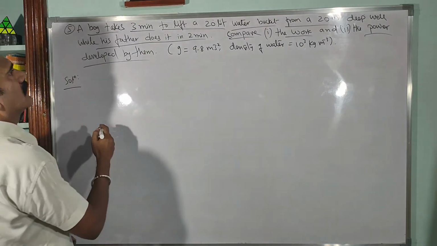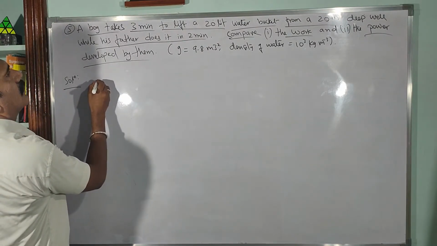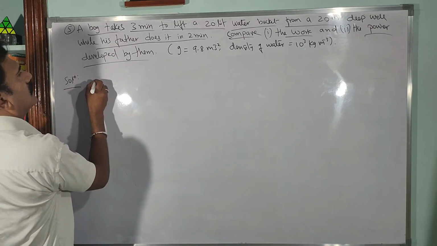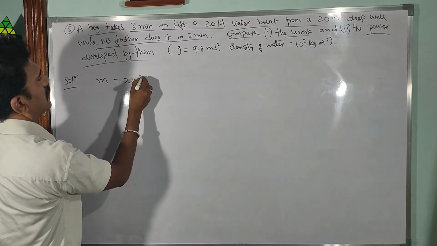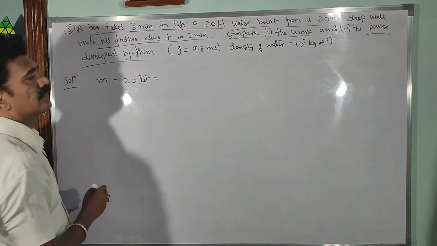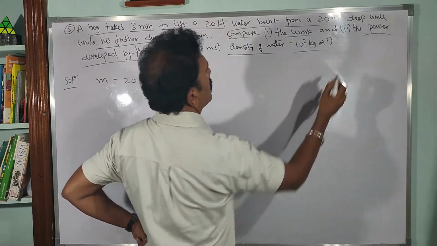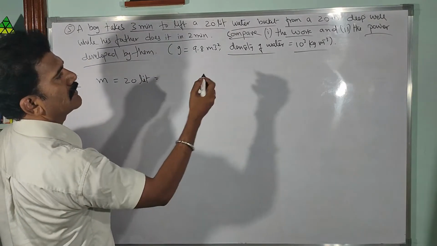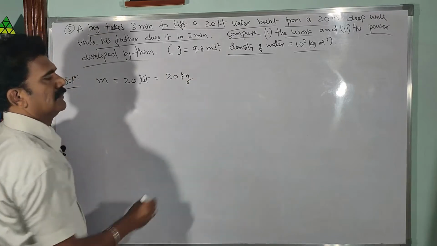So first let us consider the given data. So what is the given data here? 20 liter is the load. So you can consider mass is equal to 20 liter. What is the value in terms of kg? Whenever it is given that the density of water is 10 to the power of 3 kg per meter cube, you just take 1 liter is equal to 1 kg, so 20 liter is equal to 20 kg.